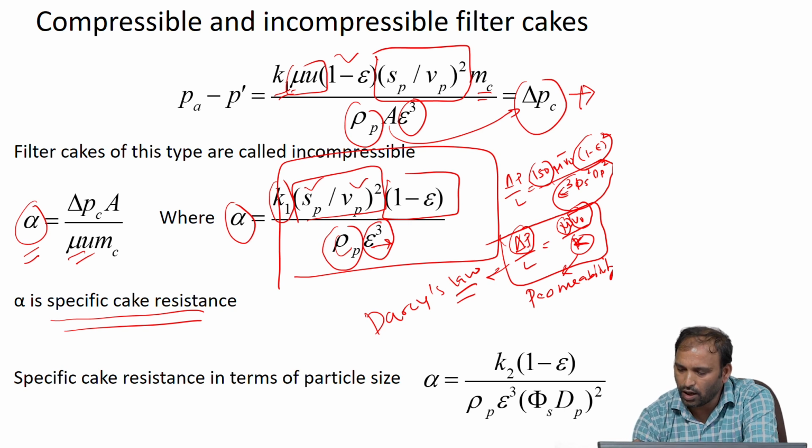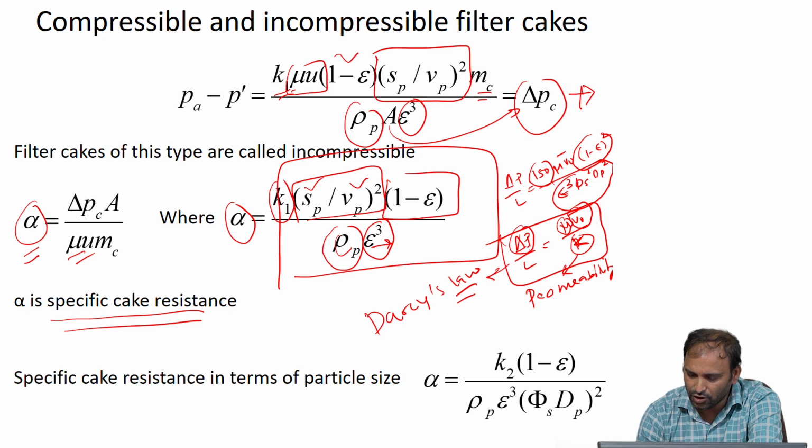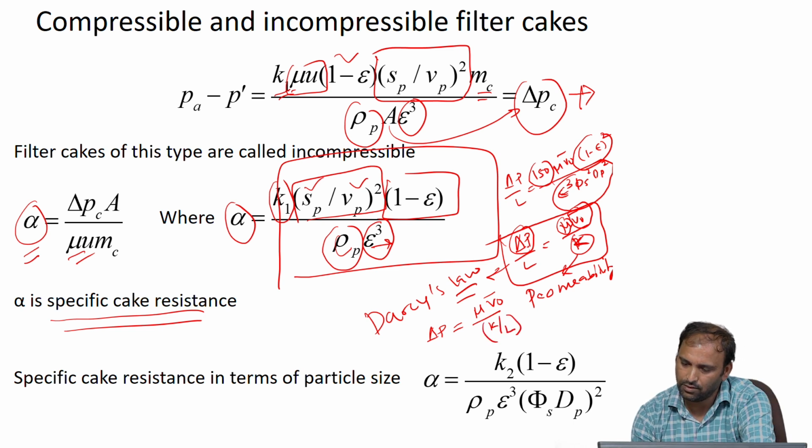Now I can rework this, okay. I can say that your delta P basically is mu V naught bar divided by K by L, right.